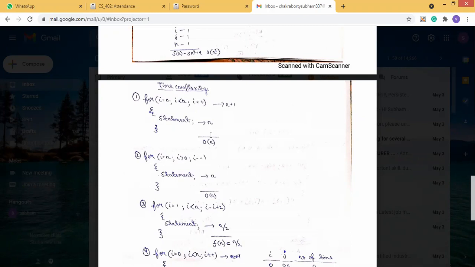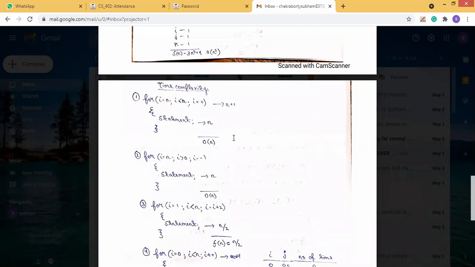If the loop is executed n plus 1 times, then the statements are executed n times. So our total f(n) will be 2n plus 1, but the highest degree of n is n, so that will be in the order of n.